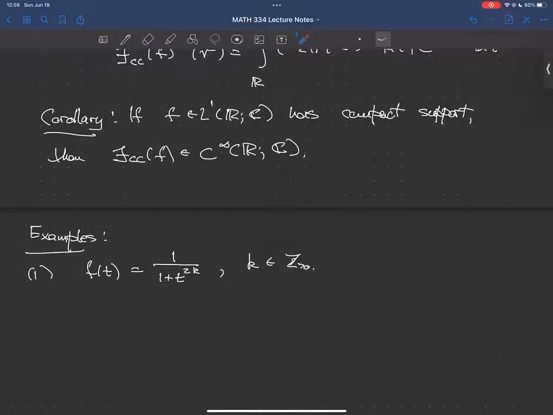So you can use the integral test to prove that if the series sum of 1 over n squared converges, then the integral of 1 over 1 plus t squared will also converge. Or you can just calculate the integral.